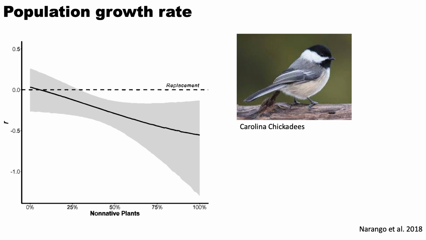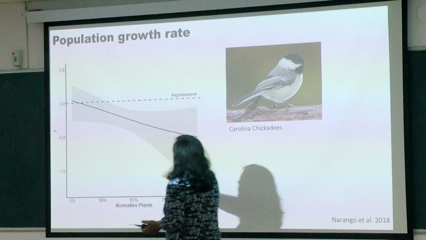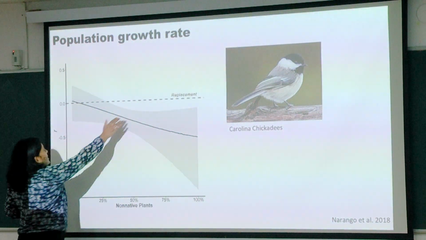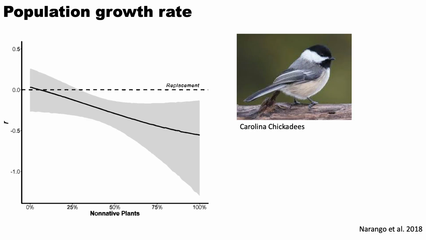Okay, this is another interesting study which was recently published where they looked at this particular species, Carolina chickadees, and what they found was in their habitat, as the proportion of non-native plants increased, so basically invasives and other exotic plants, you can see, so this is the level at which the growth rate is equivalent, is enough to replace the population.